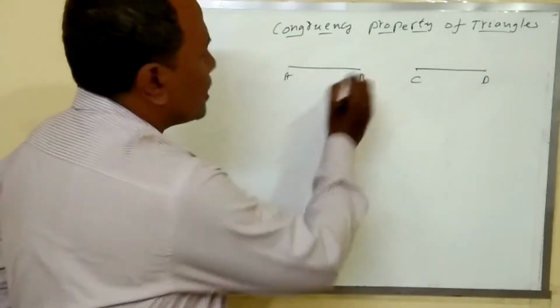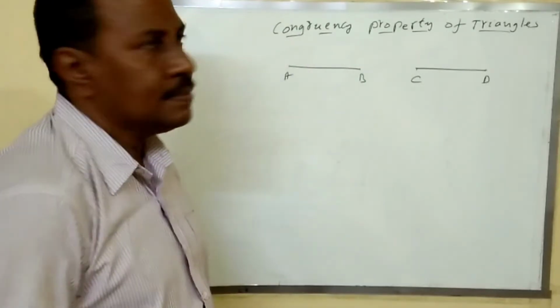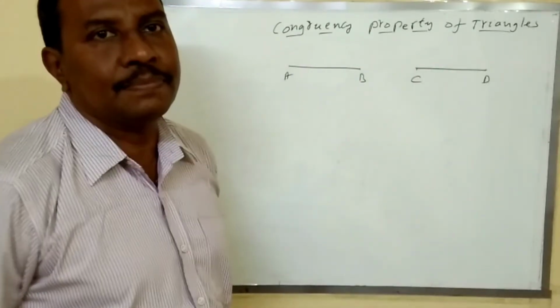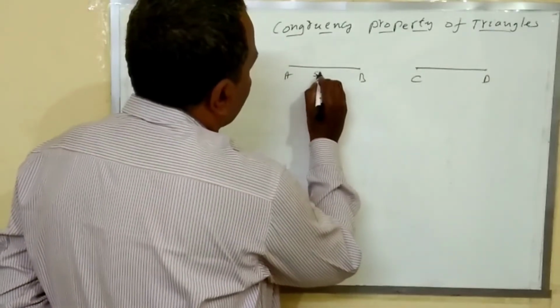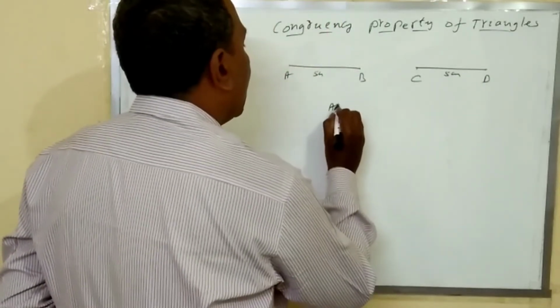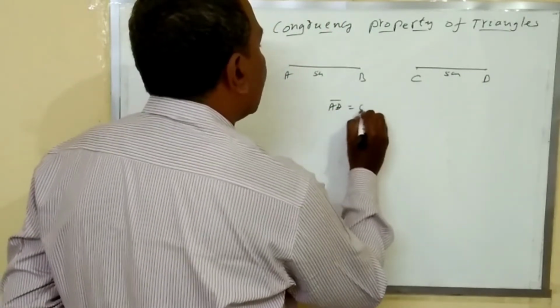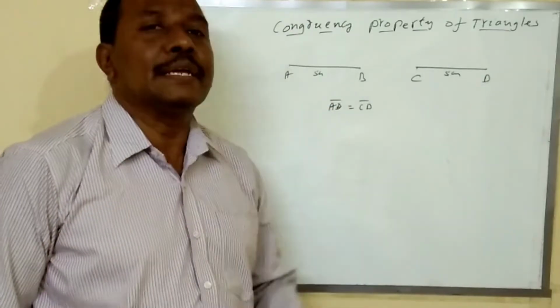Line segment means a straight line having endpoints. So the shape is straight. What about the size? Suppose the length of AB is 5 centimeters and the length of CD is 5 centimeters. So AB is equal to CD.